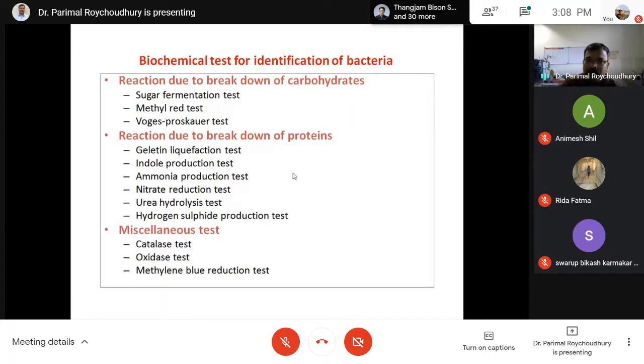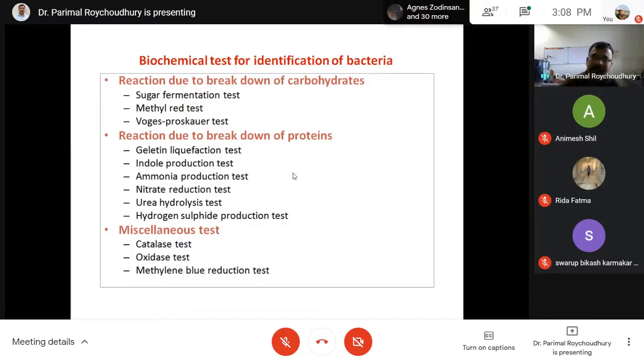But this system is not something different. It is based only on biochemical tests. Almost 50 different biochemical tests are performed, and they belong to one of the groups we discuss today. So we selected a few of the important biochemical tests for your understanding of the bacterial identification system.